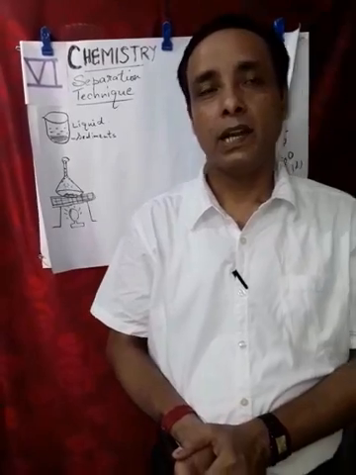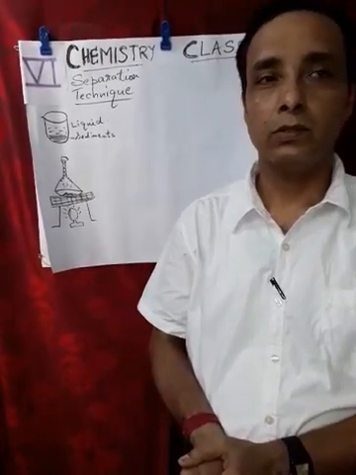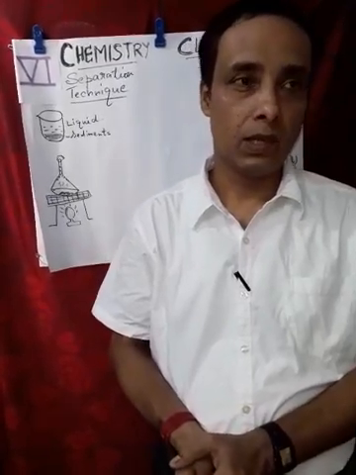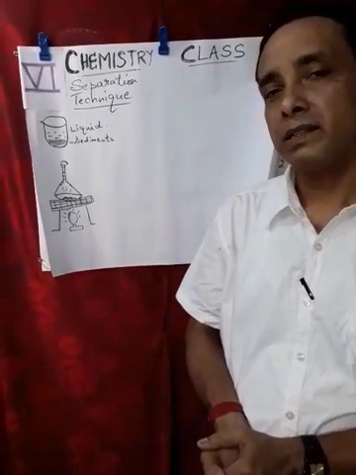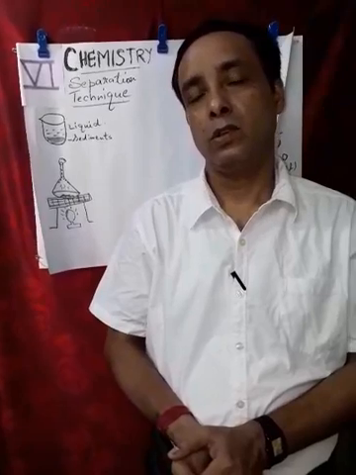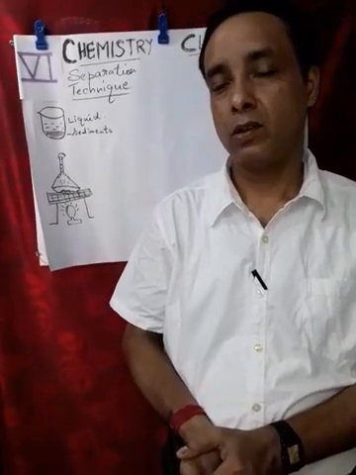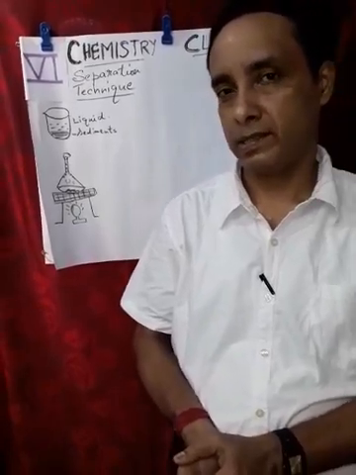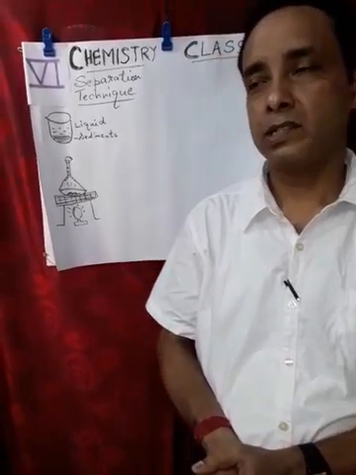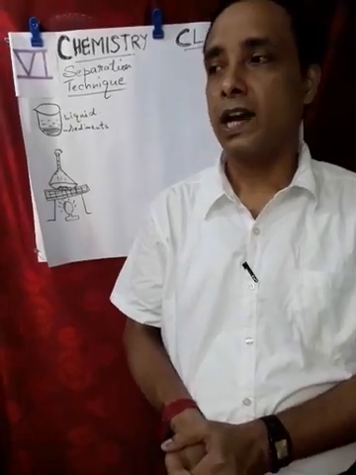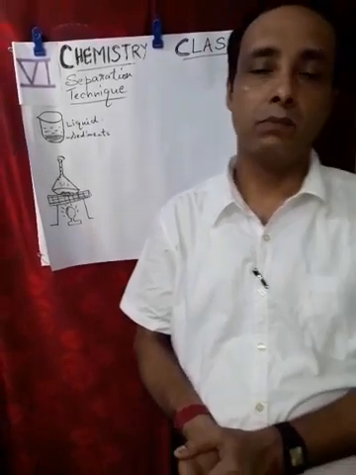Next to sieving, I would like to explain the magnetic separation method. The magnetic separation method is used to separate magnetic substances from non-magnetic substances. Let us take, for example, iron filings which are mixed with sand.